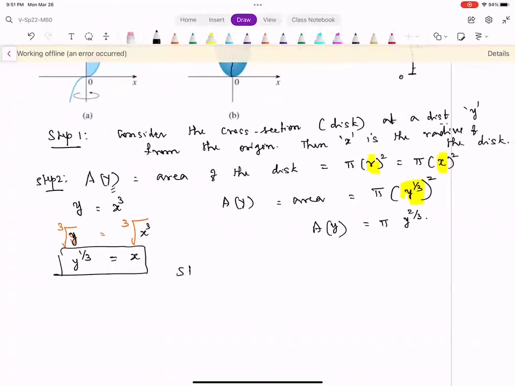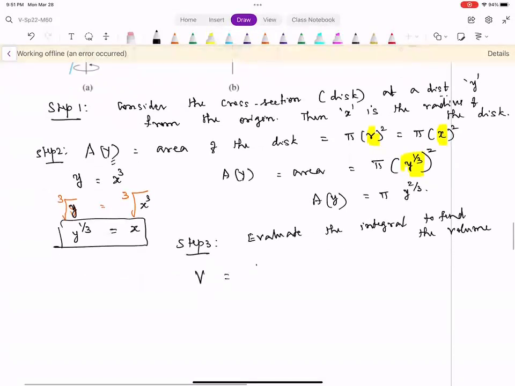Now, step 3 is to evaluate the integral to find the volume. So the volume is the integral of A of y dy.